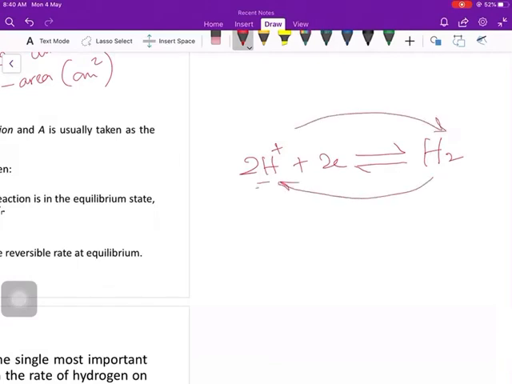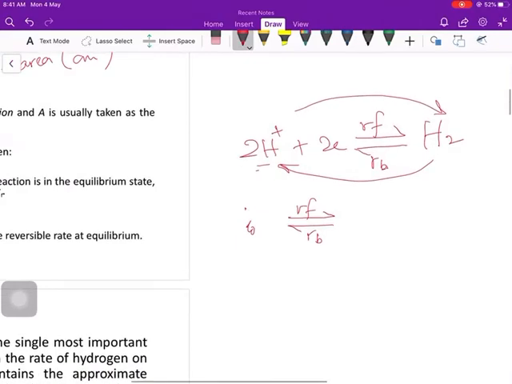This is reduction, this is oxidation. We call this RF, forward reaction, and this is RB, the backward reaction. So exchange current density means that the rate forward RF is equal to the rate backward.